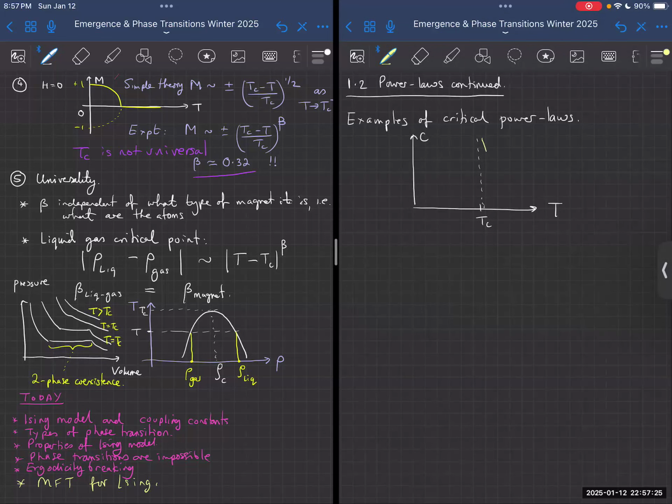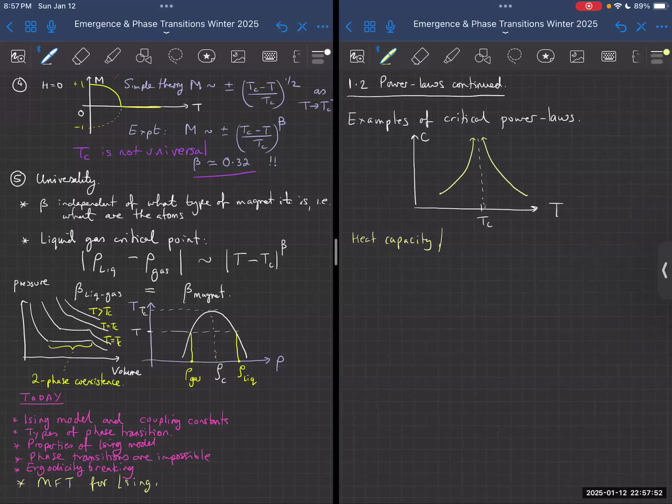So it looks like this. I'm going to draw that little arrow up here to tell you that these lines go up to infinity. So what we're going to see is that the heat capacity, or specific heat capacity per unit volume per degree of freedom, behaves in the following way.